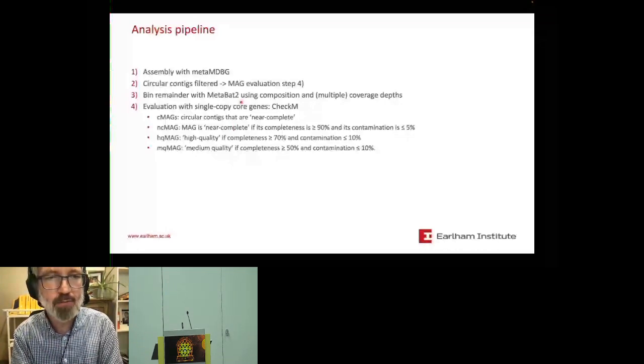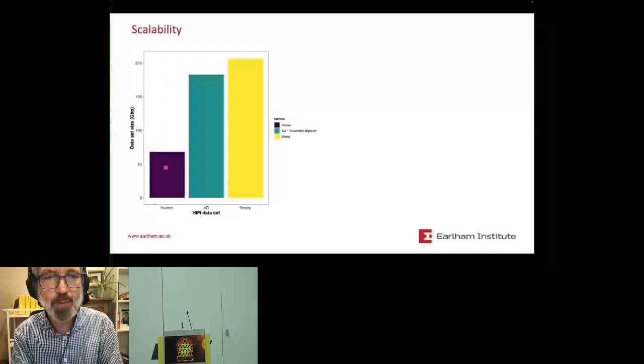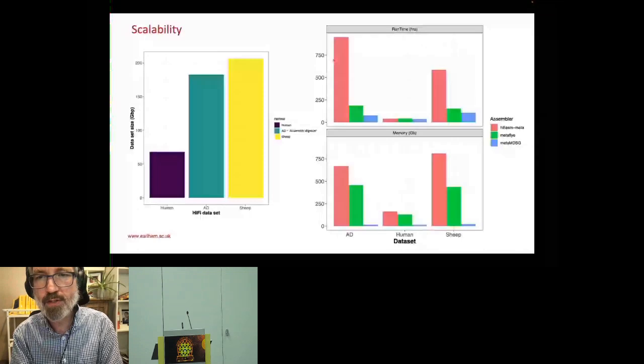We evaluated it on 3 different data sets, a pooled human gut sample of about 60 gigs, an AD sample of 170 gigs, and a sheep rumen of over 200 gigs. Now, what was really impressive was the computational performance.